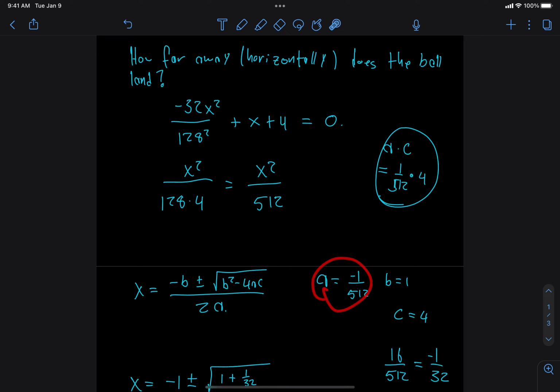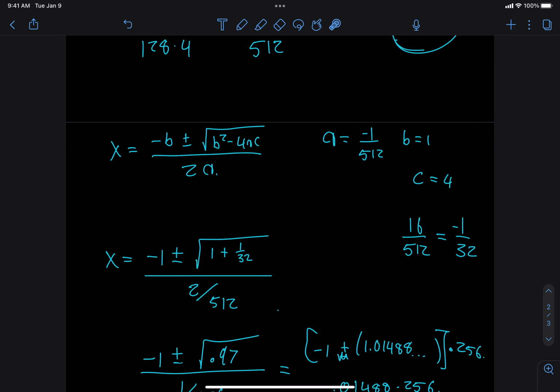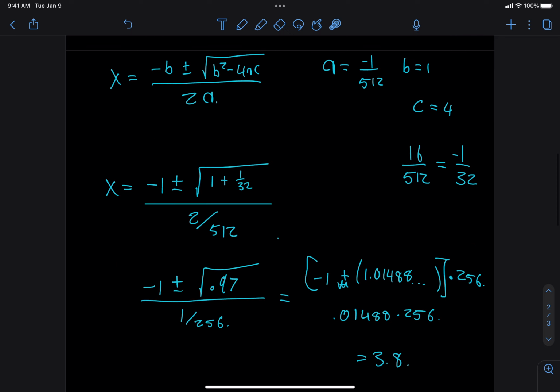1 over 512. A is definitely correct. B is definitely correct. And C is definitely correct. So the only way that I could have messed this up is if I... That's more like it. Okay, so because A is negative, the bottom shouldn't have been 2 over 512, it should have been negative 2 over 512.